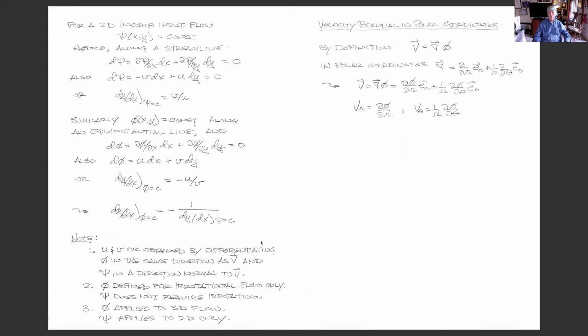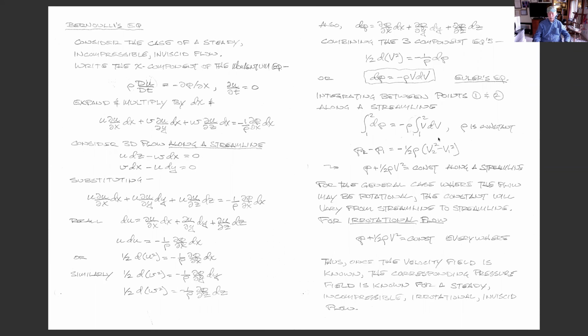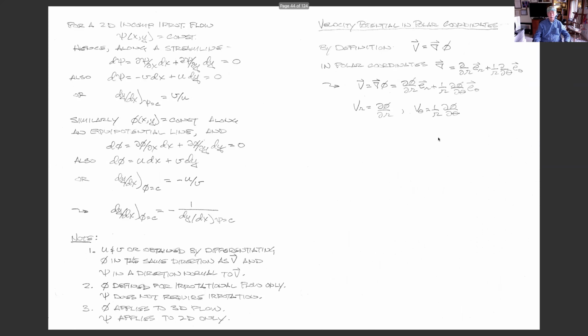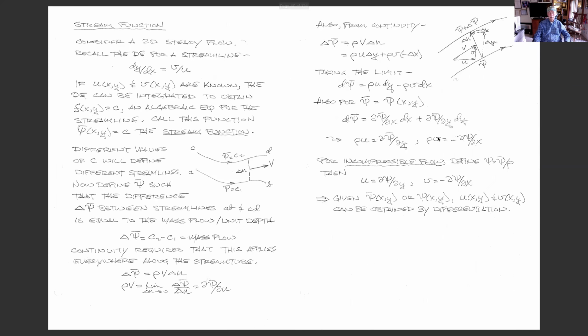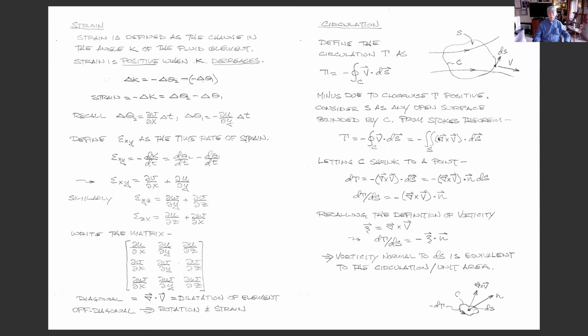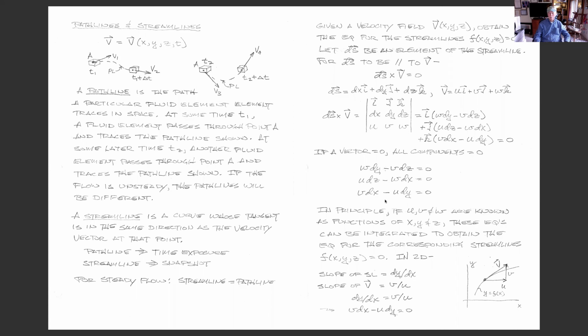And here's the other, do it for yourself. You're going to want to have the polar coordinate versions for the velocity potential. Okay, I want to back up here for those that are mathematical. In 2 dimensions, for an irrotational flow, ds cross v equals 0.